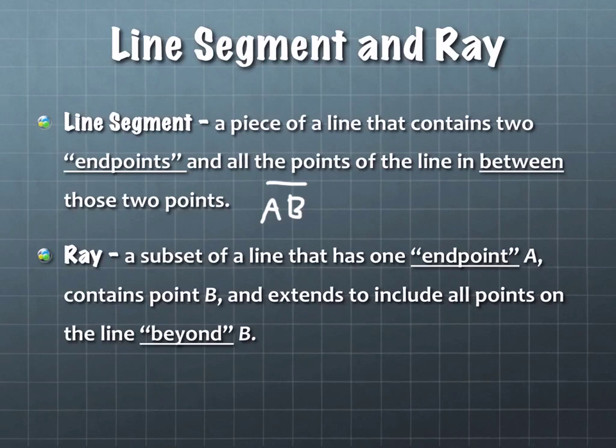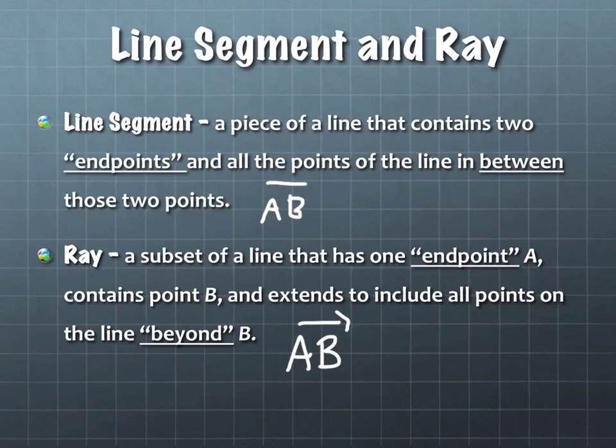And then a ray is a subset of the line that has one end point, A, and contains another point we'll call B, and it extends to include all the points that go beyond B. So in terms of notation, we write it like this. The arrow tells you which way you're extending past.